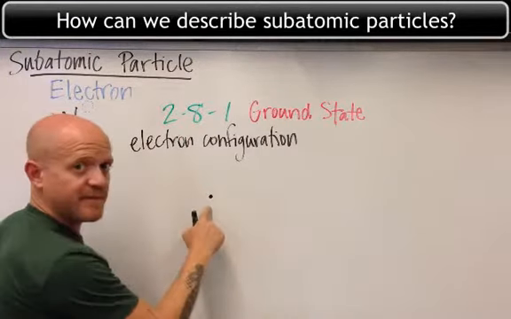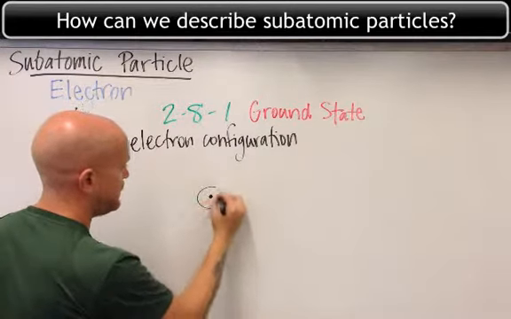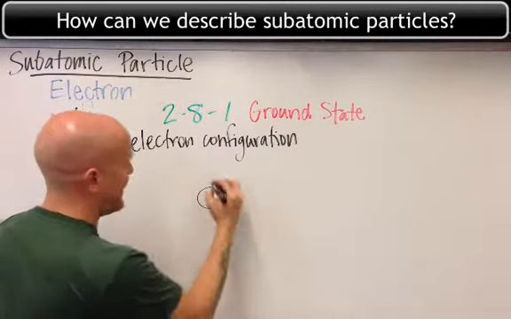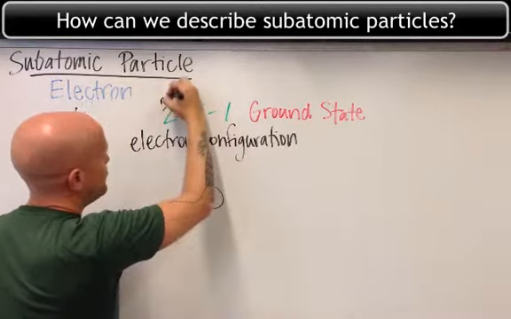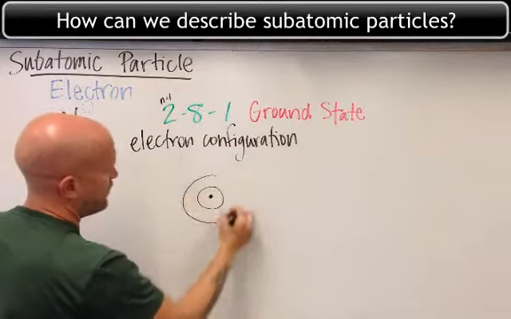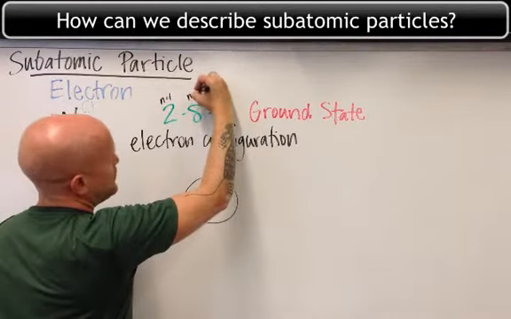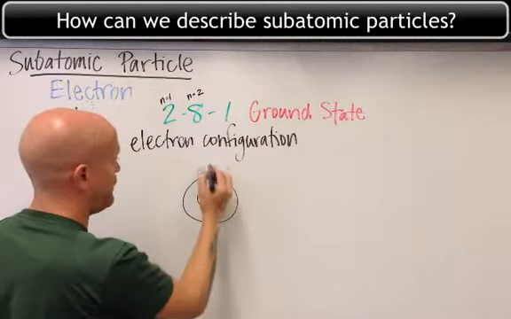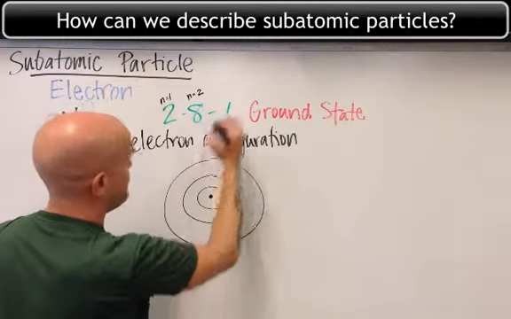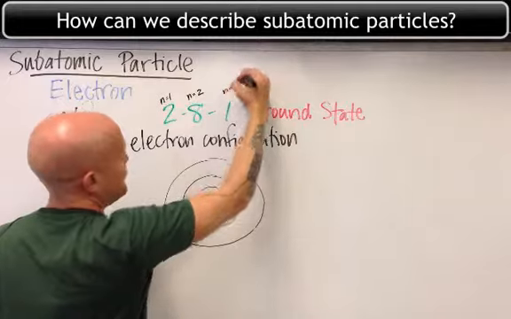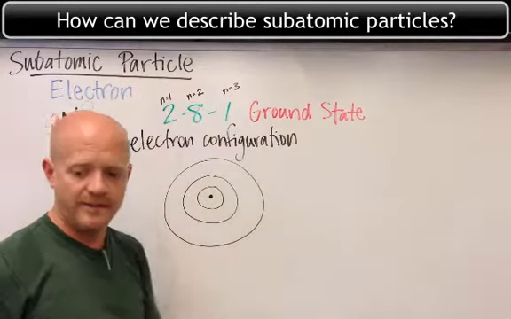This is the nucleus with the protons and the neutrons. We have orbital number 1, or n equals 1. We have orbital number 2, or n equals 2. This is called a quantum level. And orbital number 3, or n equals 3, we have 1 electron.